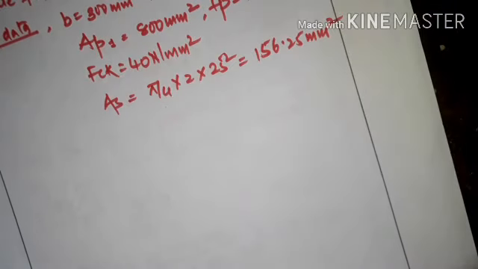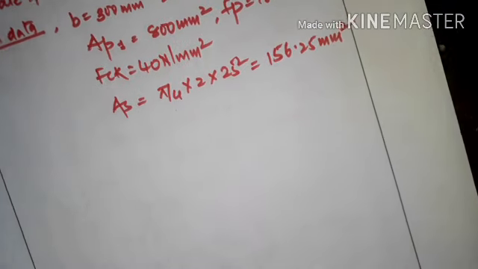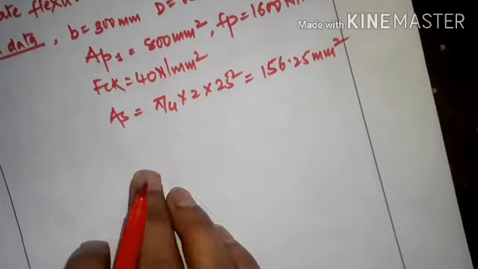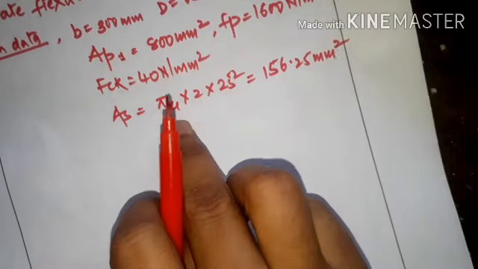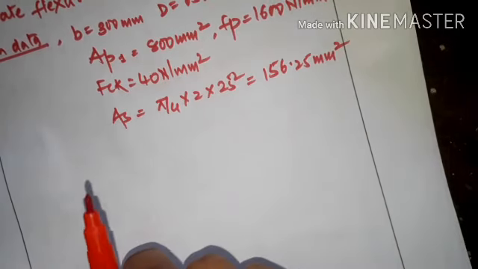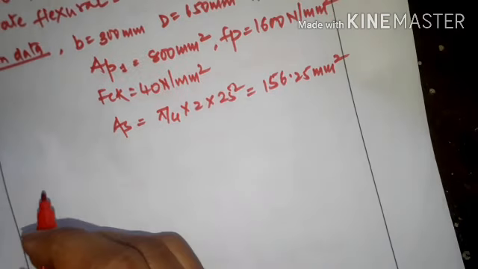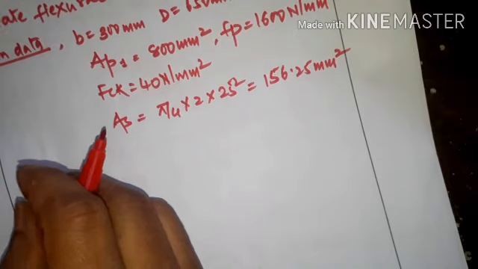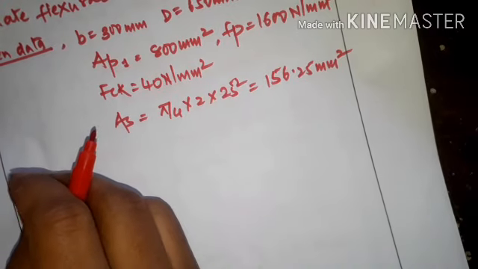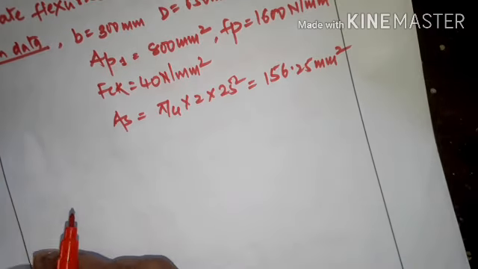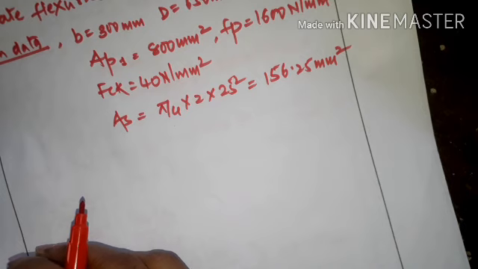Now the next step is which is again important here, when the reinforcement bars separately is given along with the pre-stressing tendons. So this time what you have to do, you have to convert that into equivalent area of high tensile steel.